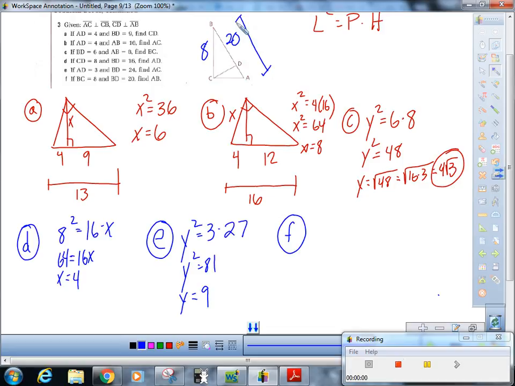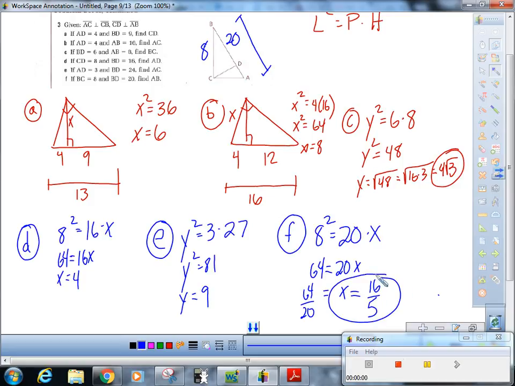So, leg squared is part times whole. 8 squared is 20 times x. 64 is 20x, so x is 64 over 20, which equals, let's see, 32 over 10. So let's see, that is 16/5. Boom!